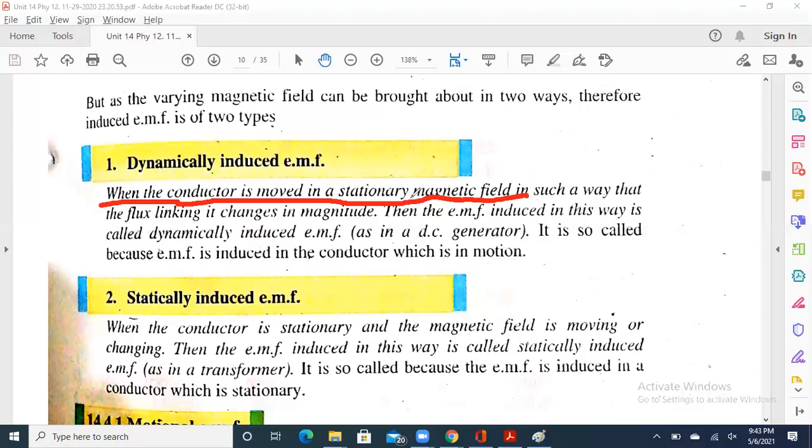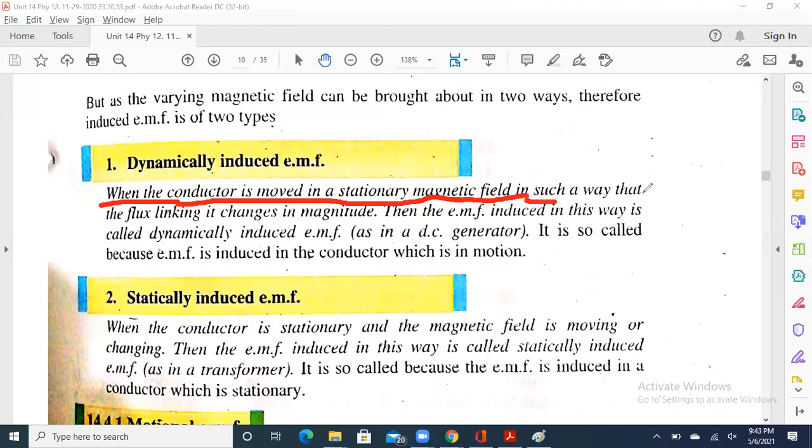It is repeating this movement in cycles, while the permanent magnet is at its stationary place. It is not moving while the coil is moving. The whole circuit in which the EMF is going to be induced will be moving. So in this situation, this will be called a dynamically induced EMF.